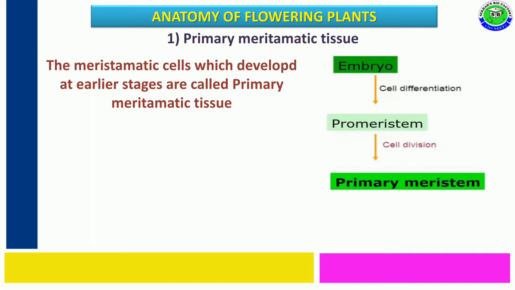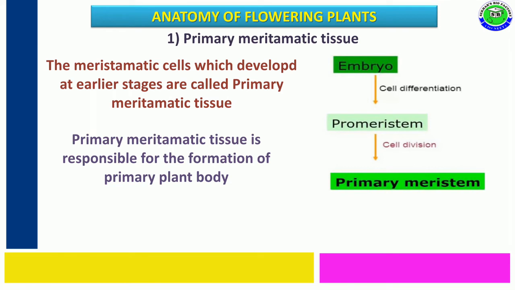During sexual reproduction, the zygote becomes an embryo, and in this embryo some of the cells are differentiated and become promeristem. When these promeristem cells divide, they become primary meristematic tissue.